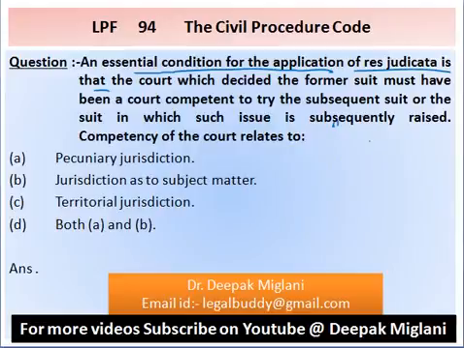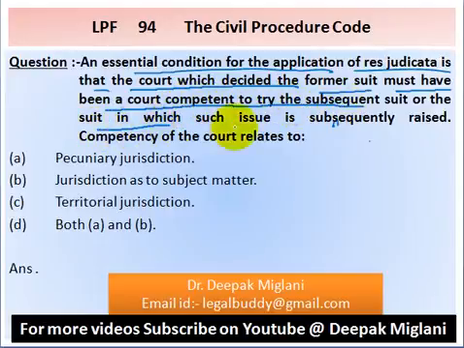Question number 94. An essential condition for the application of res judicata is that the court which decided the former suit must have been a court competent to try the subsequent suit or the suit in which such issue is subsequently raised.